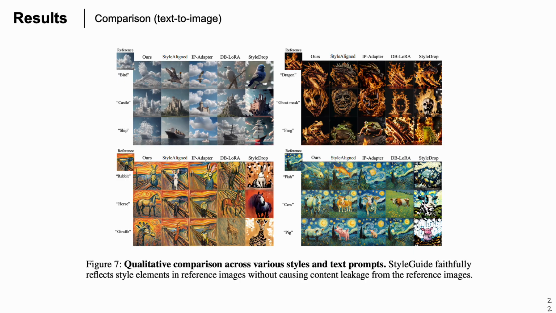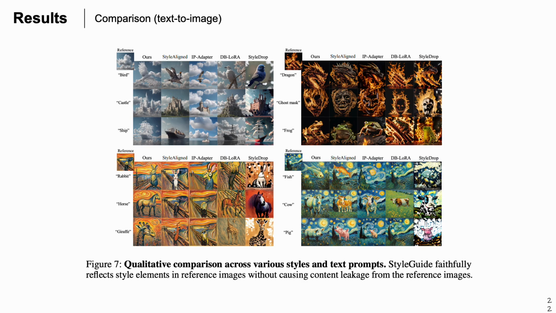This figure compares our method with existing methods in the task of style transfer with a reference image for a text-to-image scenario. Across all examples, our method clearly outperforms the others in three key aspects. First, style fidelity. Our result reflects the reference styles more accurately than other methods. Second, content alignment.